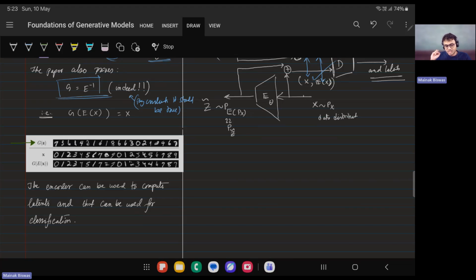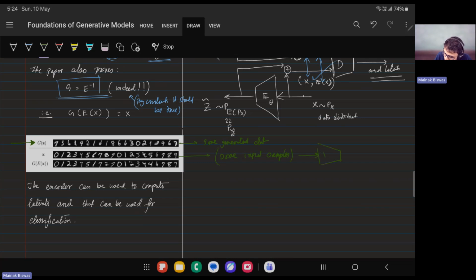A G of Z for a particular value of Z is just some generated data. Now I took some input samples, and I pass them through the encoder to see my claim.